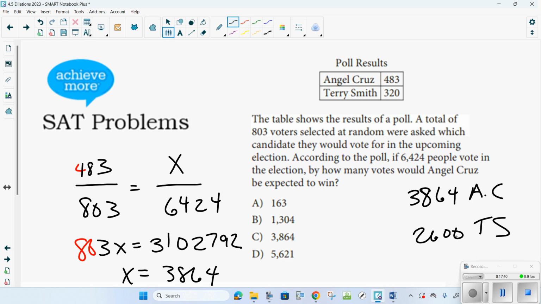So by how many votes would he win by? Oops, and I subtracted wrong. 6,424 minus 3,864. It's 2,560. Sorry about that. Wait a minute, the answer is not there. And so by how many votes should we expect? He's going to win by 1,304 votes.